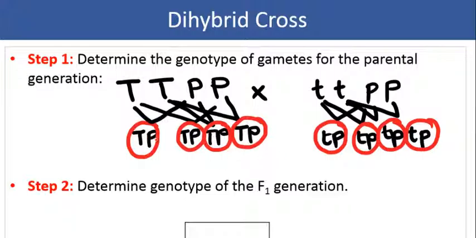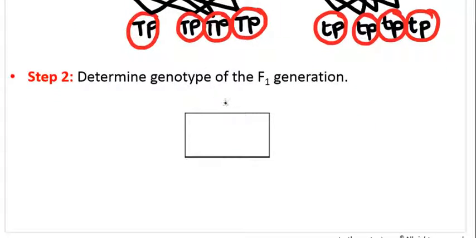Because all of these gametes are the same, it makes it very simple for us to determine what the genotype of the F1 generation will be. We only need one of each because they're all the same.